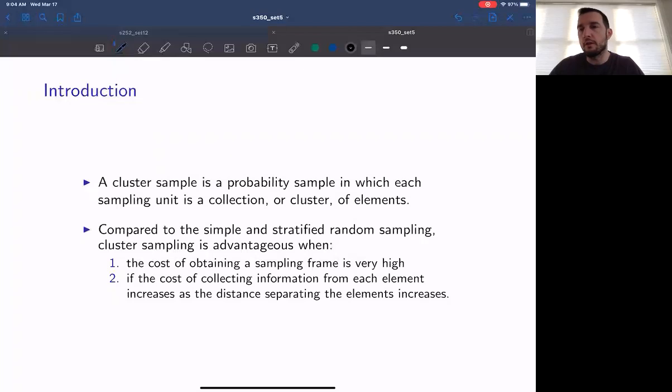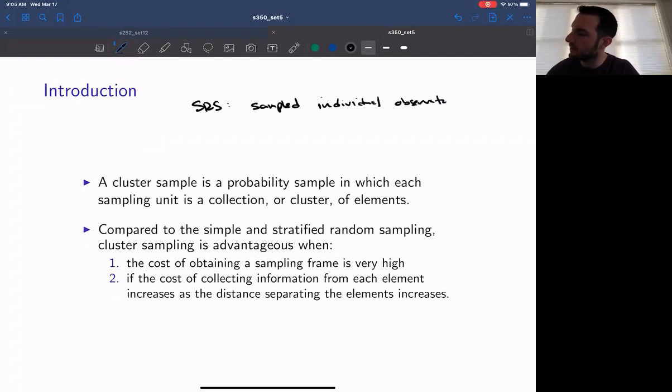The traditional cluster sample is very similar to a simple random sample, but the difference is that instead of sampling individual units, you are sampling collections of individual units. So with SRS, we would sample individual observations, or we can just say people, just to make it more clear.